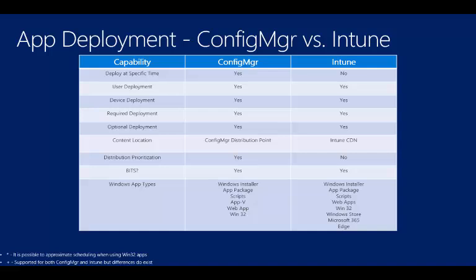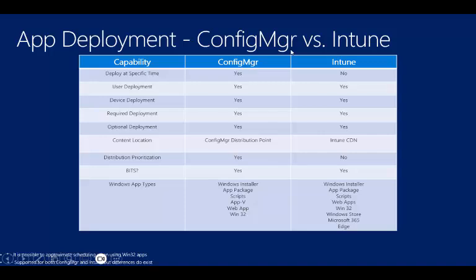You can also have a bit more of an easy experience for deploying Edge. You can do that in ConfigMgr, to be completely fair, but the better way to do it is through Intune, right? So that said, I'm not going to show ConfigMgr because the assumption here is that you understand ConfigMgr, right?